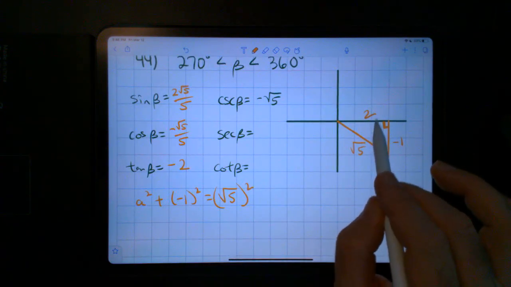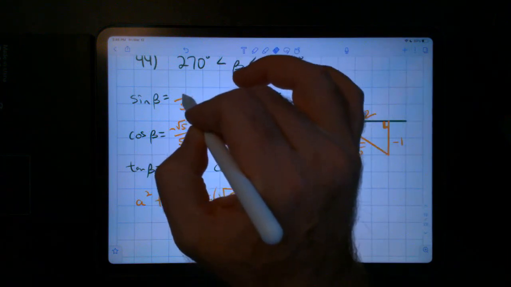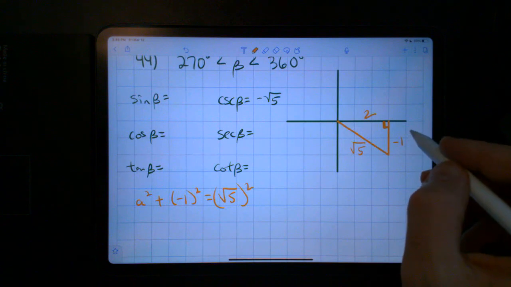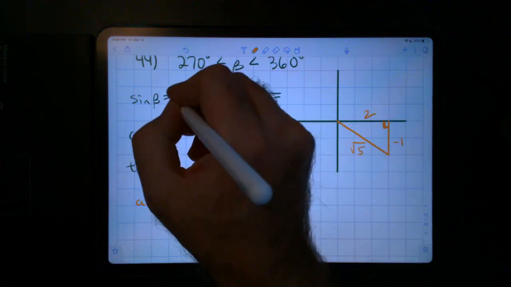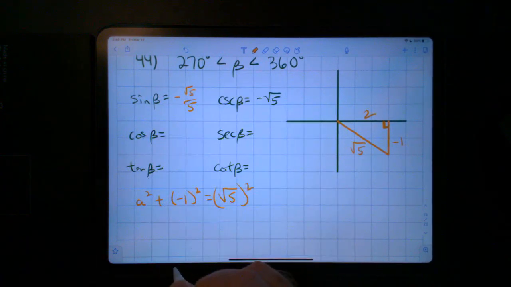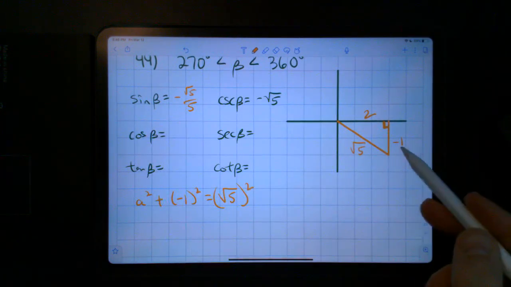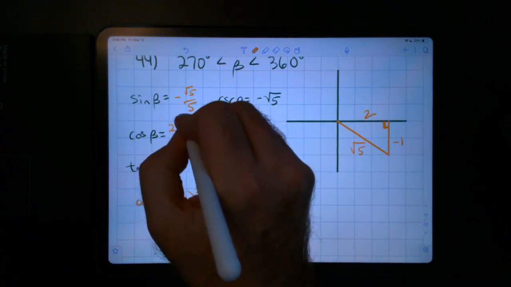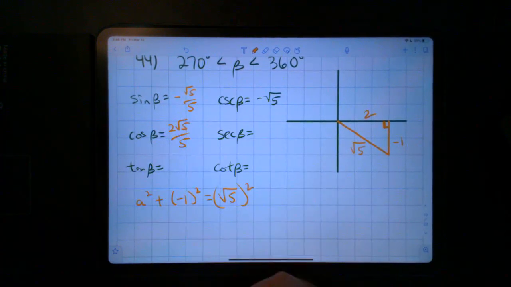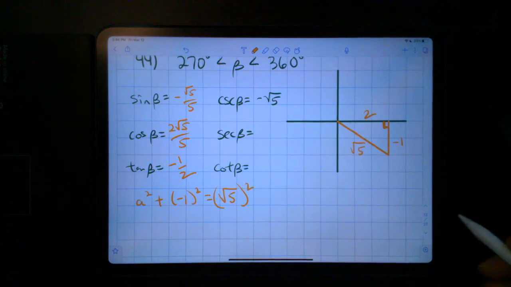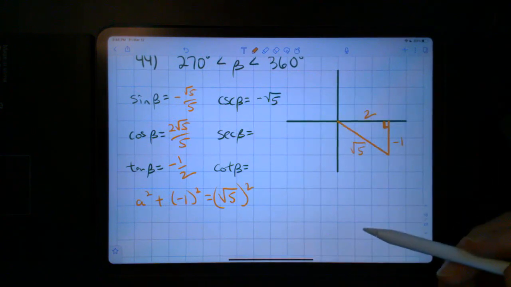I jumped the gun here. Sine is negative root 5 over 5. It's the y component over the hypotenuse. Cosine is going to be 2 root 5 over 5. Tangent is going to be sine over cosine, with the root 5 over 5's simplifying out.